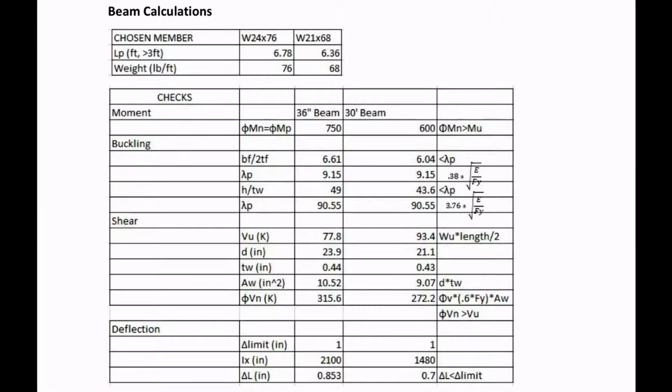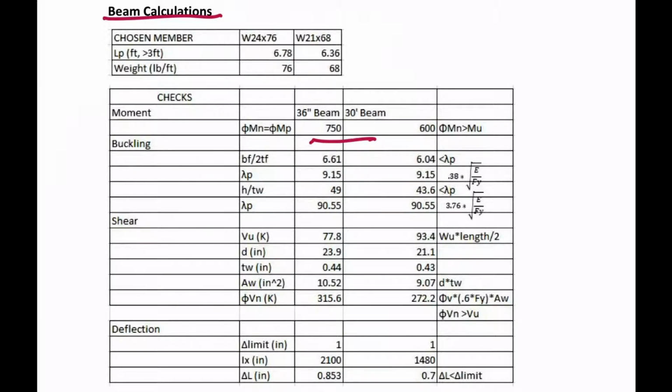Hi, my name is Paul Dekove, and this is a summary of the beam calculations and design. So for the south elevation, we have the 36-foot span beams, and for the west elevation, we have a 30-foot span beam. For simplicity, we will have the same beams throughout the design. So we calculated the strength values for each beam.